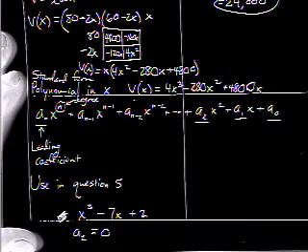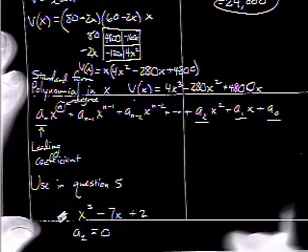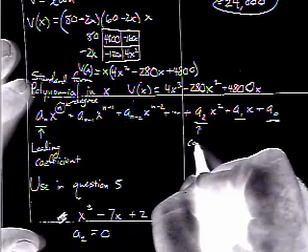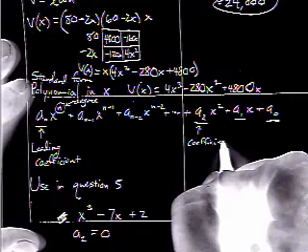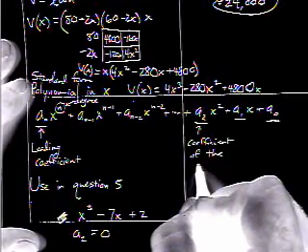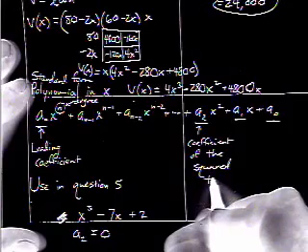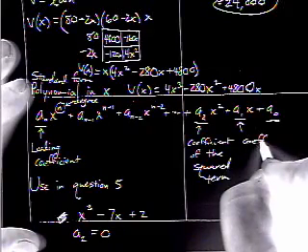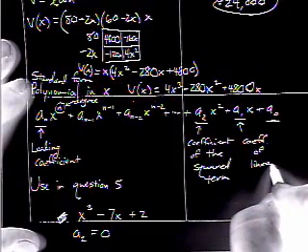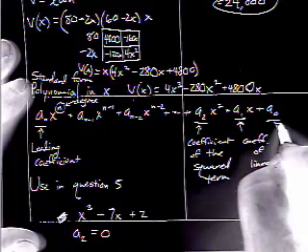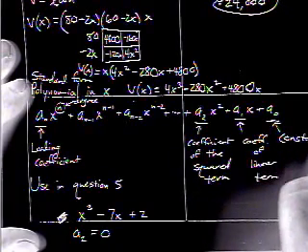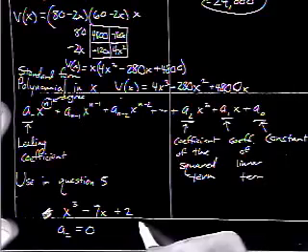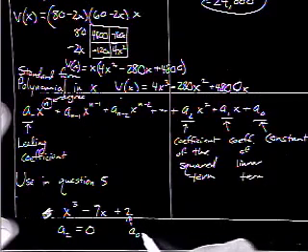So any missing term in this list has a coefficient of 0. This is the coefficient of the squared term. This is the coefficient of the linear term. Of course, this one on the end is the constant, the plus 5 or whatever. In this case, that is a sub 0.